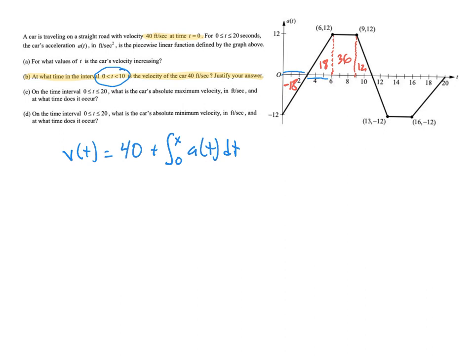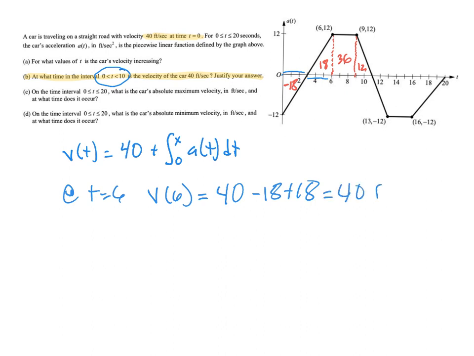So I claim that at t equals 6, v of 6 equals 40 minus 18 plus 18, which is 40, and that is feet per second. And we used accumulation of area.